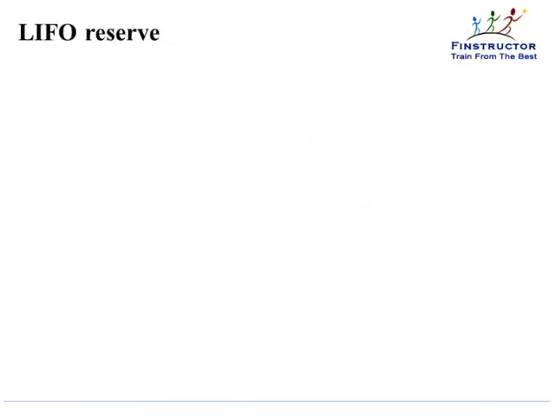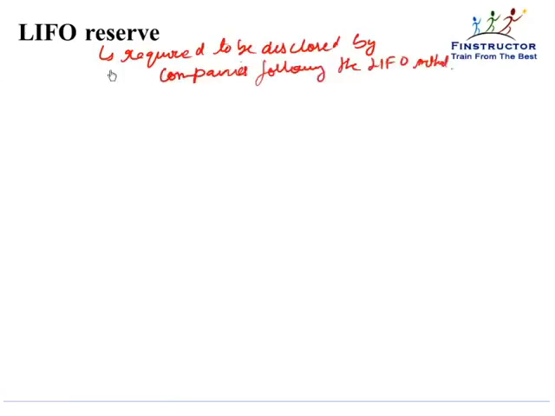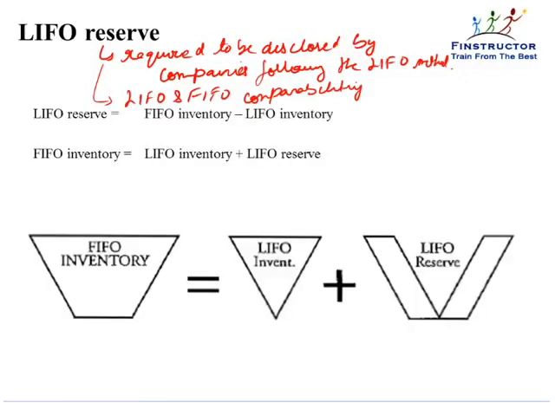The LIFO reserve is an additional quantity that is required to be disclosed by companies following the LIFO method of accounting. It is given to enhance comparability between the LIFO and the FIFO methods. The LIFO reserve is the number that must be added to the LIFO inventory to give us the FIFO inventory.